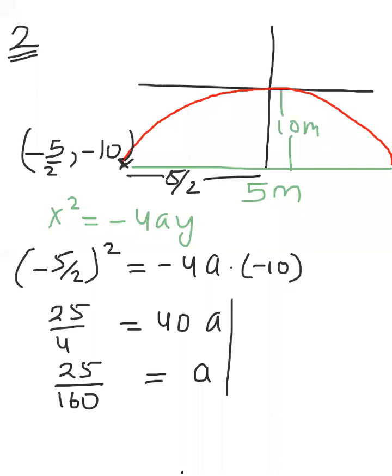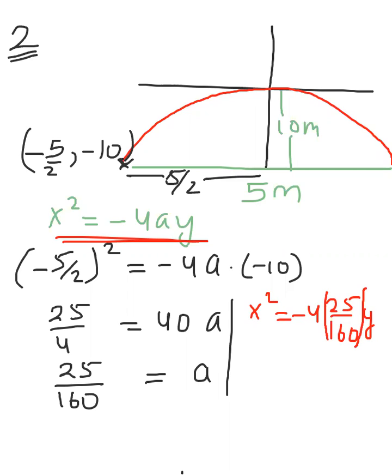So we have got the equation of this parabola: x square equals minus 4 into a, which is 25 by 160, into y. I have put the value of a into the equation. We have got the final equation of the parabola.